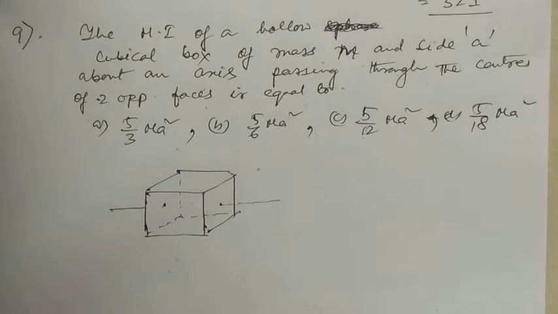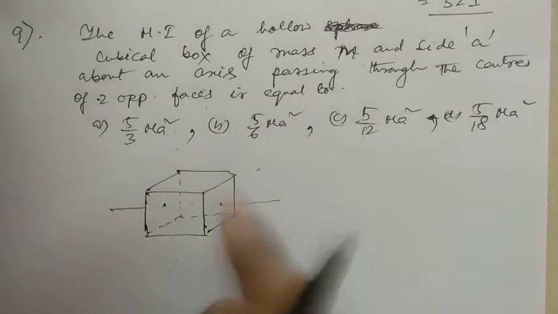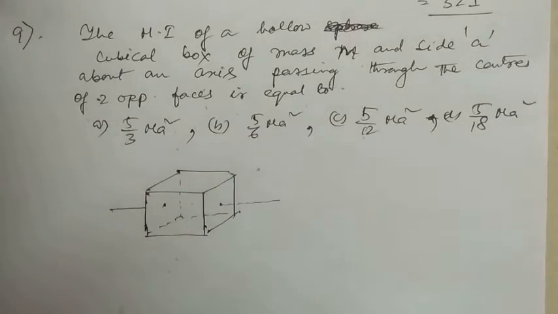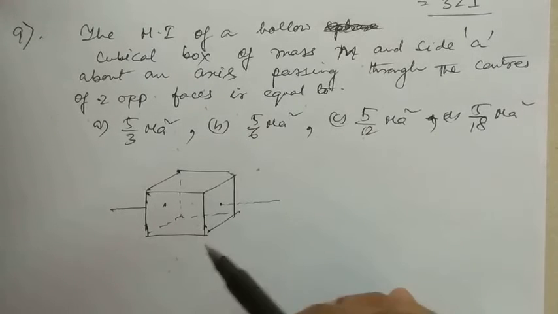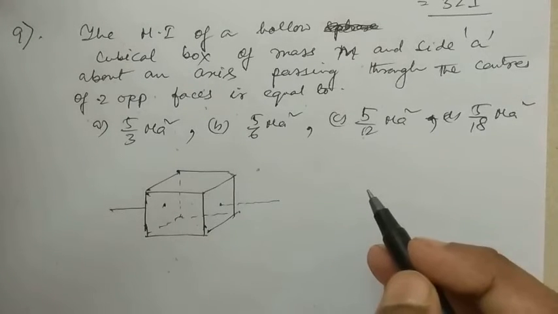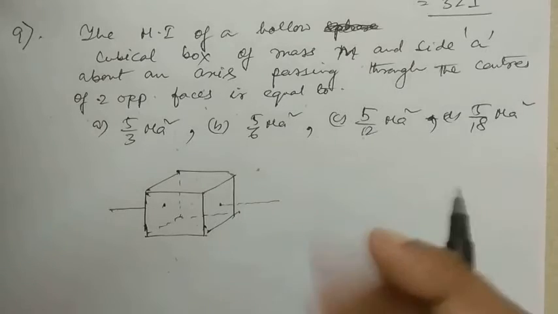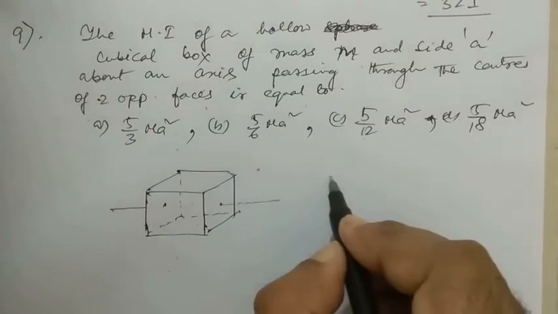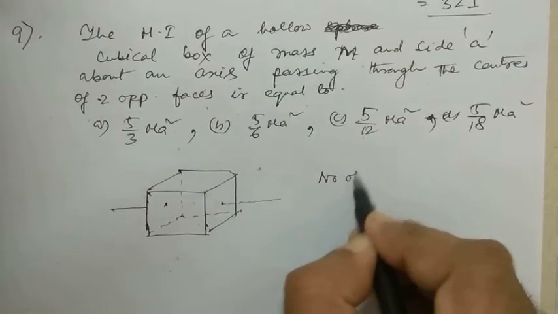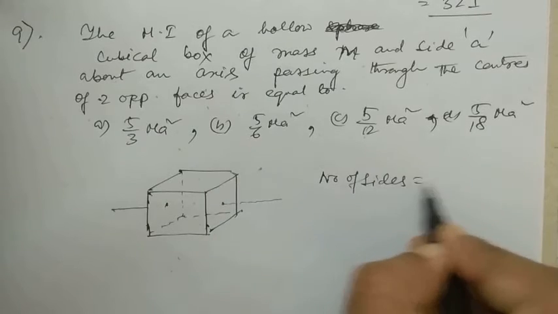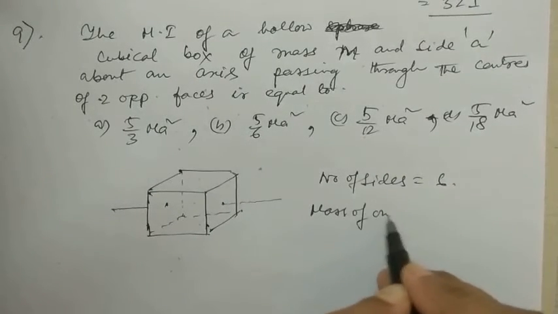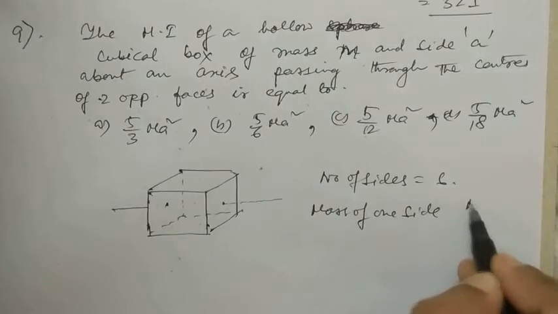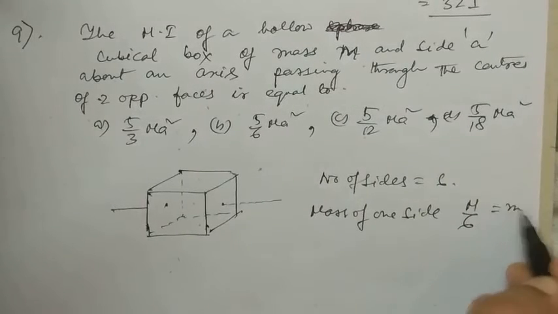So we can divide this figure into 2 parts. One is the 4 walls, and the ceiling and the floor. So if we take the total mass as capital M, and the number of sides is 6, the mass of one side, capital M by 6, we have taken that to be small m.